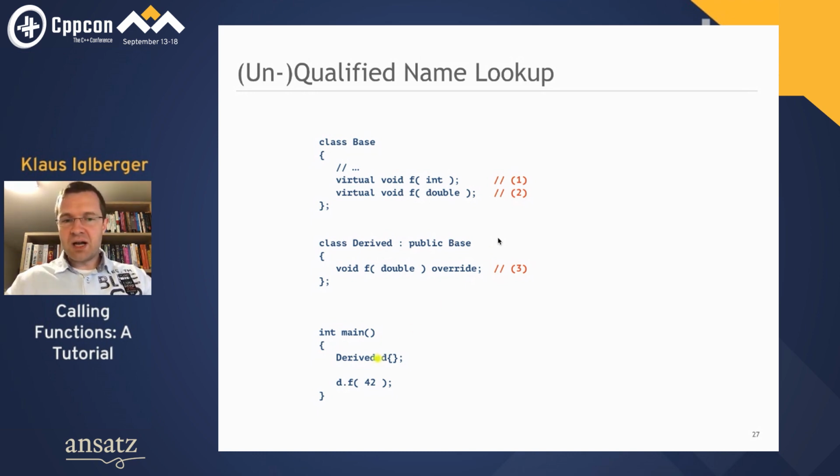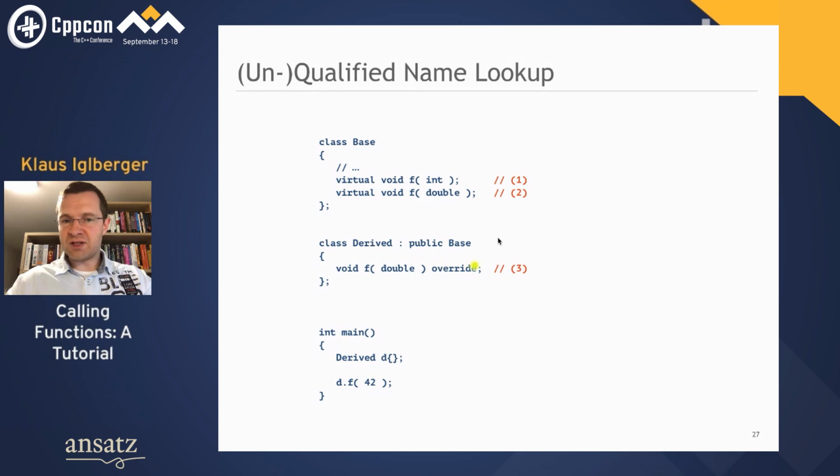I create now a derived object, and a derived object is deriving from a base class. The base class comes with two f's, an f that takes an int and an f that takes a double. This is function 1, this is function 2. The derived class introduces a third function, which of course overrides function 2.